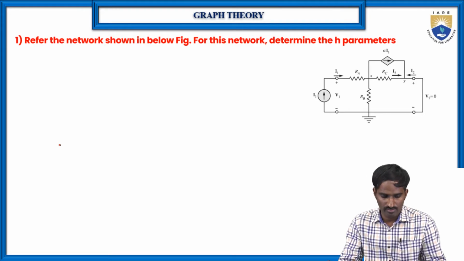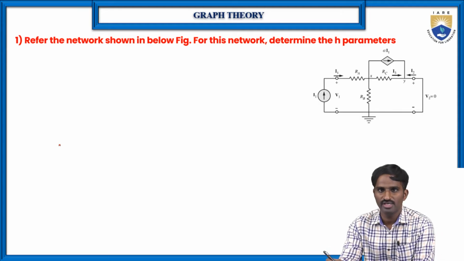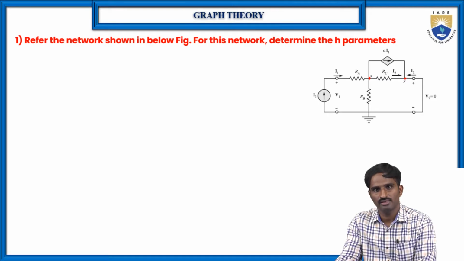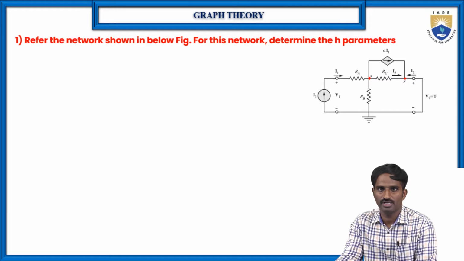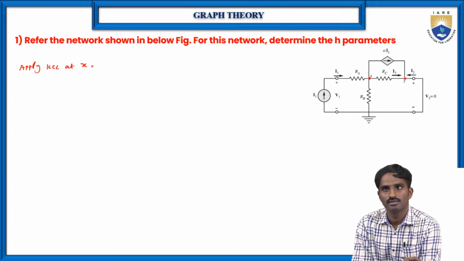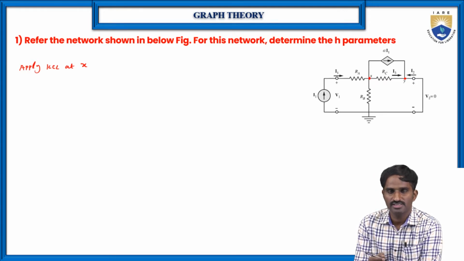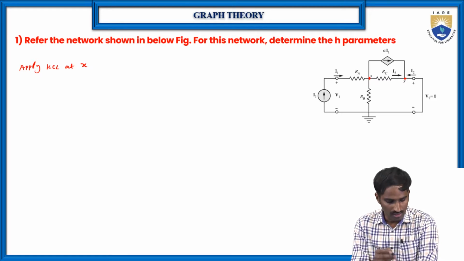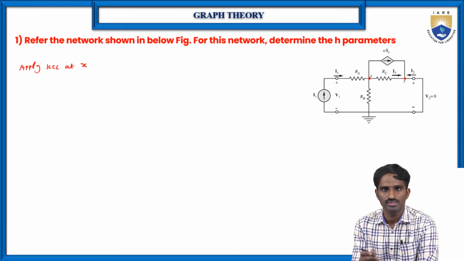Here I am indicating the two nodes. Let us consider this one is node X and this one is node Y. First let me apply KCL, that is Kirchhoff's current law, at node X. If you apply KCL at X, the sum of the currents entering the node is equal to the sum of the currents leaving the node, or the algebraic sum of the currents at a particular node is equal to 0.